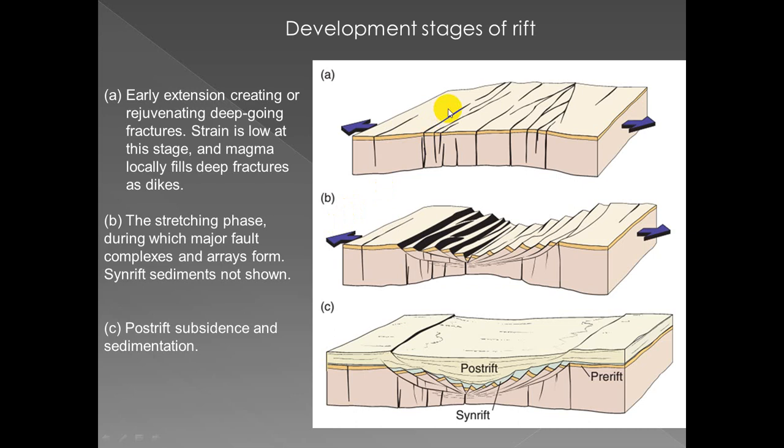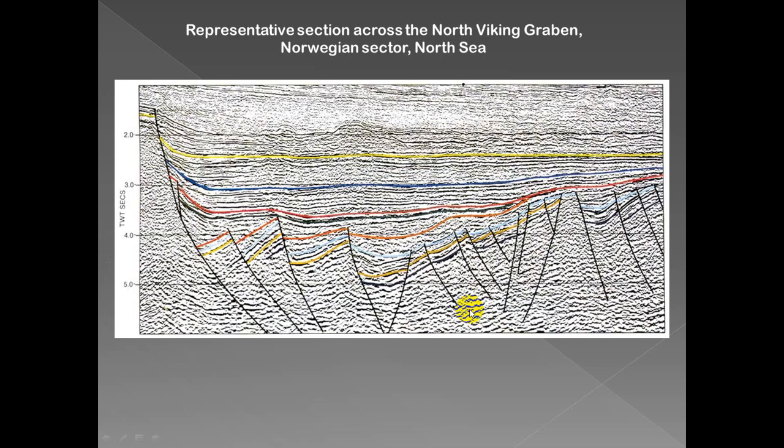In the developed stage of rifts, we have here a fracture pattern developed due to stretching, some rotation of bedding to achieve thinning of the crust, and the filling of the rift later on by post-rift subsidence and sedimentation due to what's called thermal subsidence. This is the typical geometry of a half graben or half rift system.